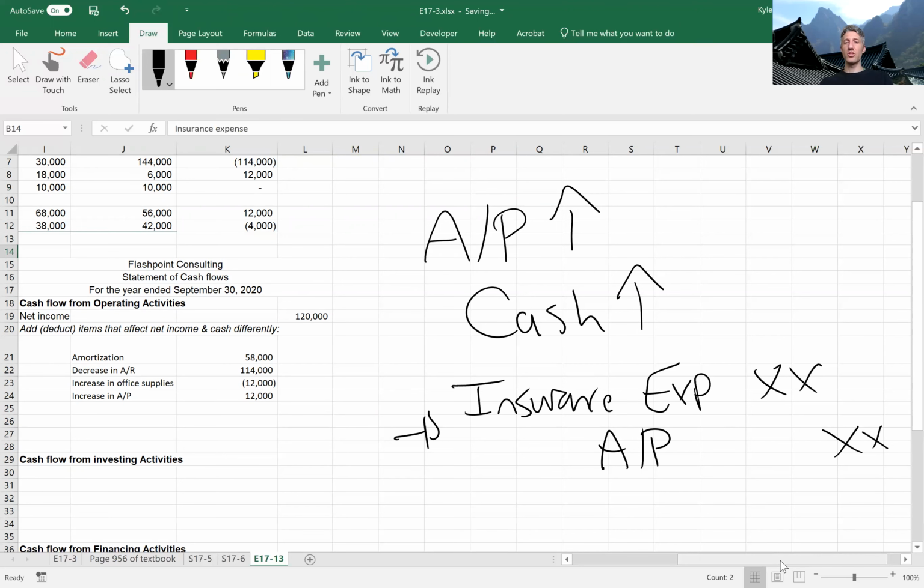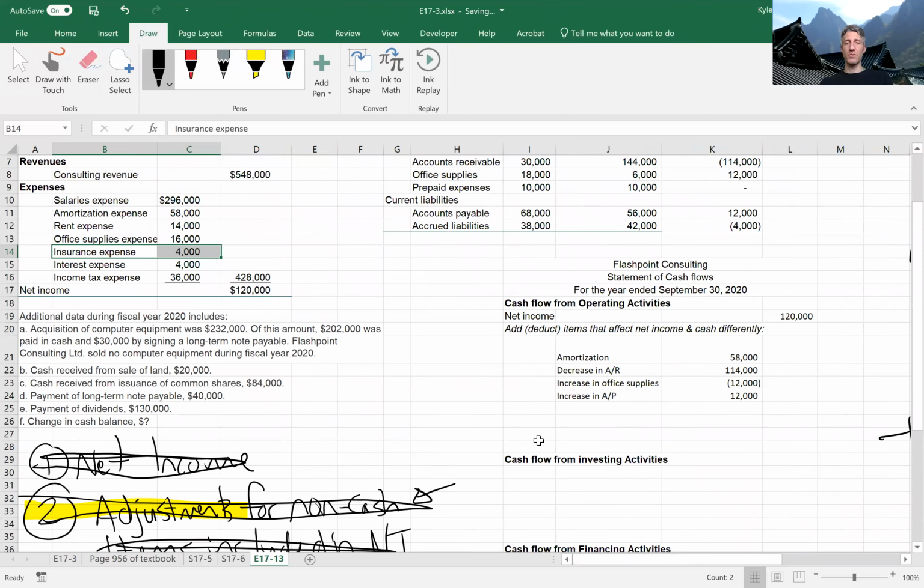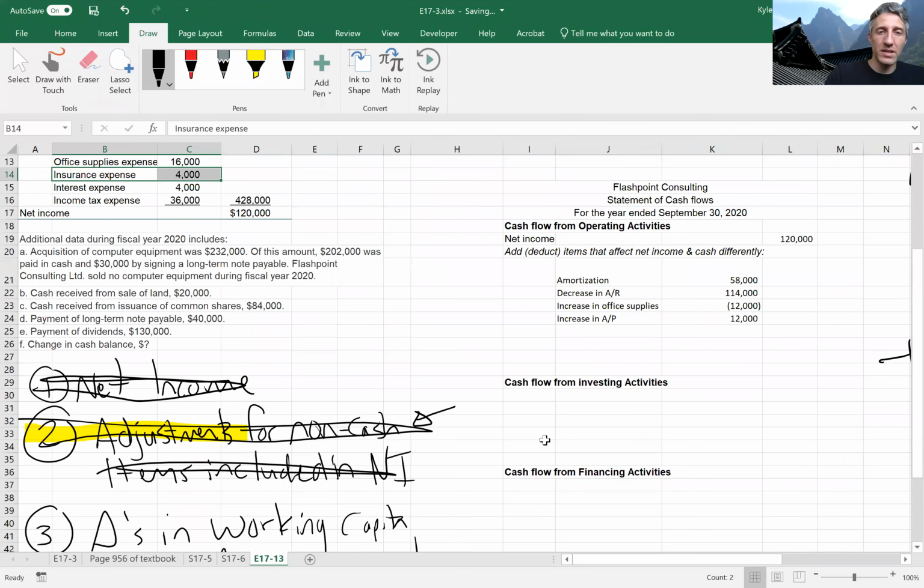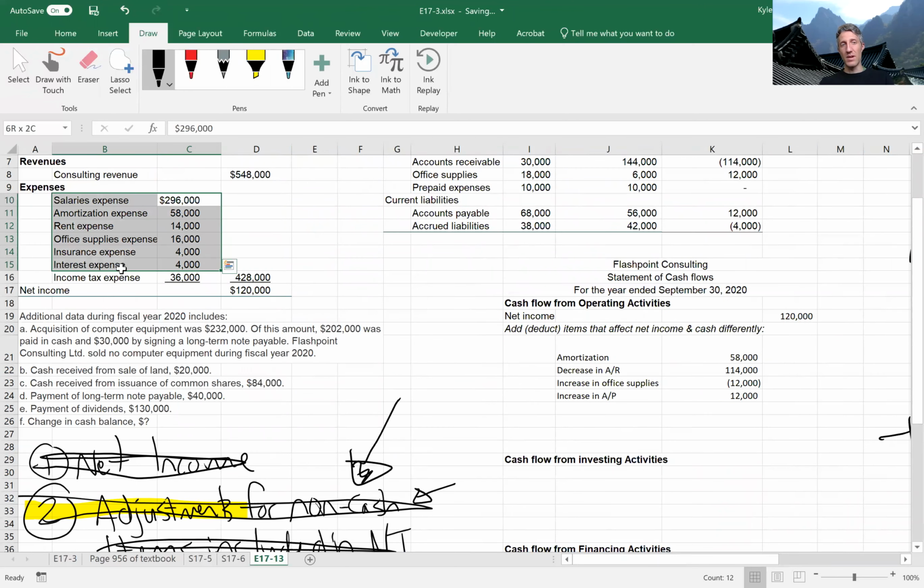Now, with step 2, we went through the income statement and adjusted for all of the line items that were non-cash. Amortization obviously is non-cash, but that doesn't mean that they've paid for every single expense.